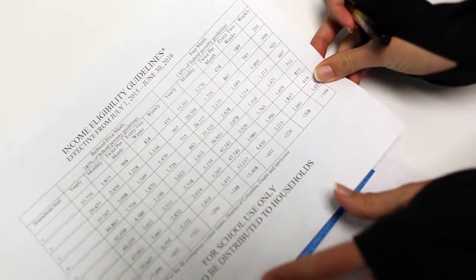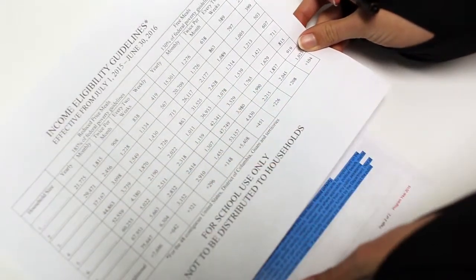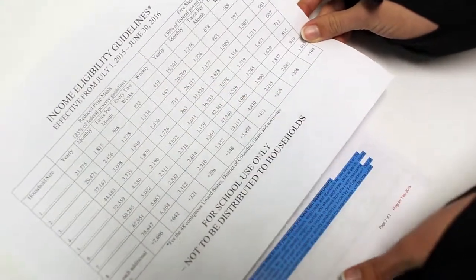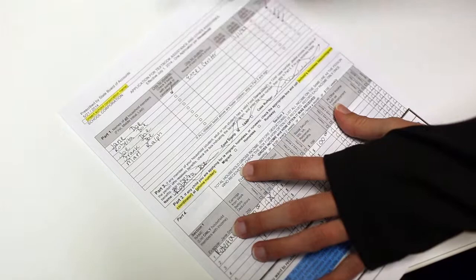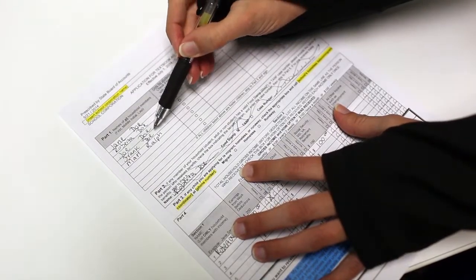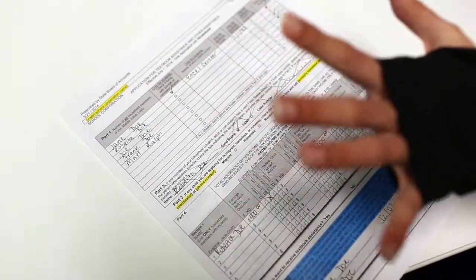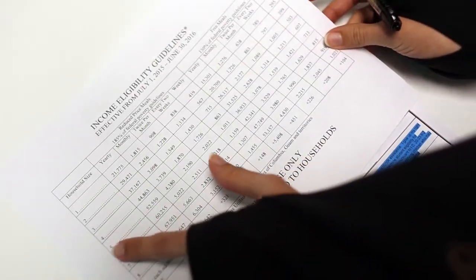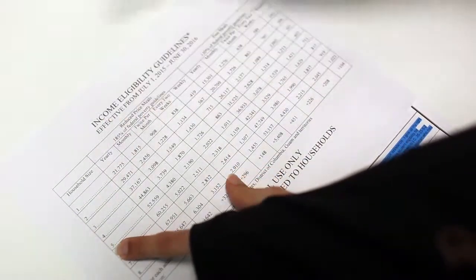Now I need to go back to this form right here, okay? And first I need to count how many people are in her household. So let's go back here and count how many are in her household. 1, 2, 3, 4, 5. So she has 5 people. So I go back to this form and I find 5.